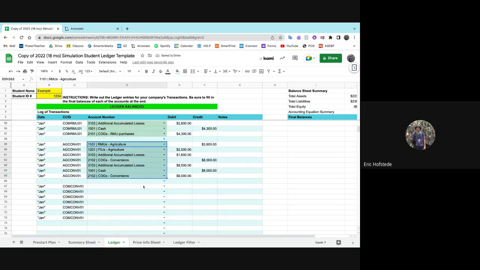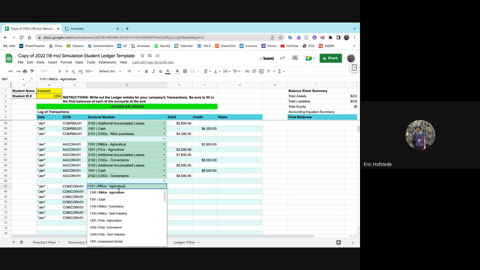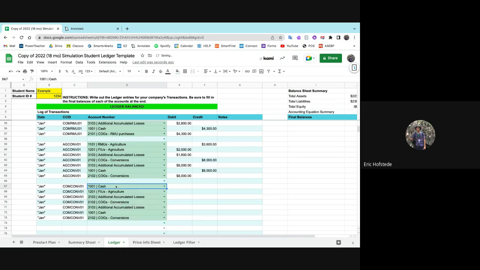Our numbers will change slightly, but they're going to kind of follow the same pattern. Credit, debit, debit, credit, debit, credit, debit. So, maybe copy and paste wasn't the best because these aren't agriculture. These are my commerce. Oops. Commerce RMUs go down. Commerce FIUs go up.